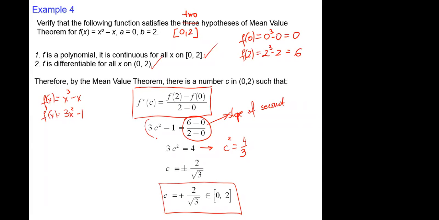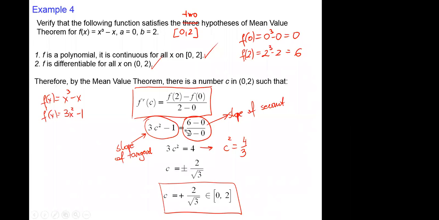Okay, and this is of course slope of tangent. Yeah, they have to be the same. That means it is 3, the slope of secant. That means at this point, 2 over square root of 3, I know it's a weird number, but it's definitely positive, greater than 0 and less than 2. At this number, the slope of the tangent is exactly the slope of the secant.